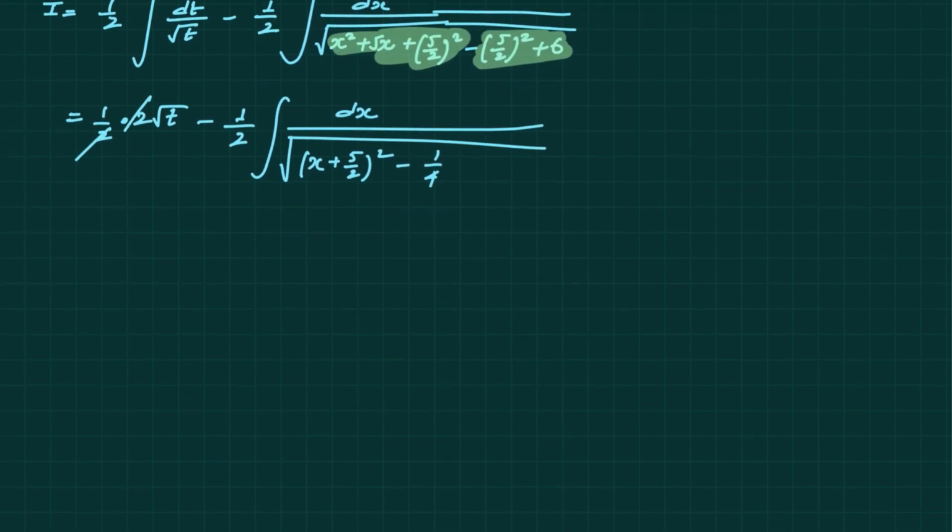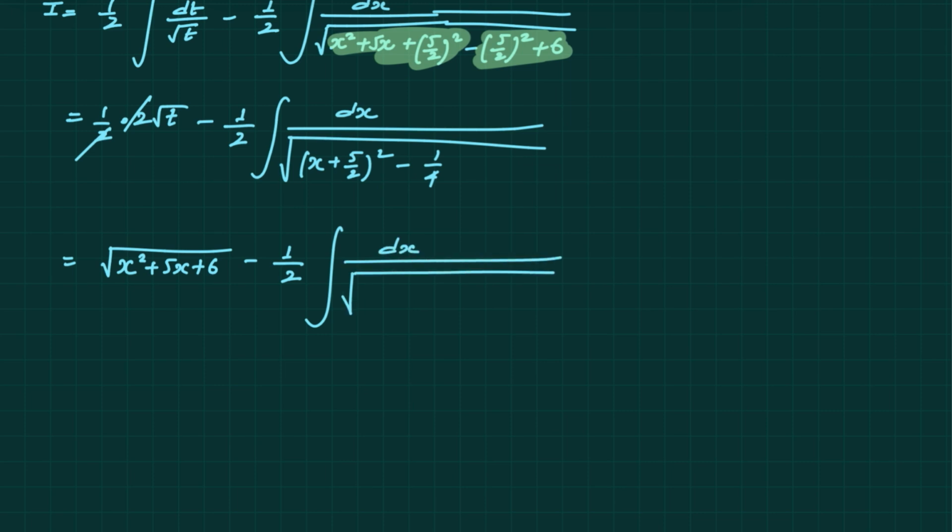So here 2 and 2 got cancelled, equals, putting back the value of t, we have square root of x square plus 5x plus 6 minus 1 by 2 integration of dx over square root of x plus 5 by 2 whole square minus 1 by 4, which is 1 by 2 square.